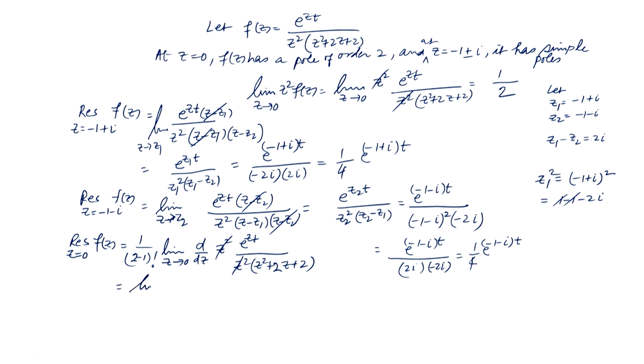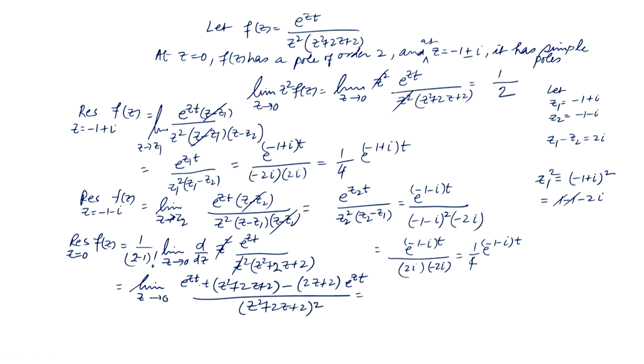So limit z tends to 0, and when you differentiate with respect to z, e to the power zt into t we get, and then we get z squared plus 2z plus 2, and then the derivative of z squared plus 2z plus 2 is 2z plus 2, into e to the power zt divided by (z squared plus 2z plus 2) whole squared.